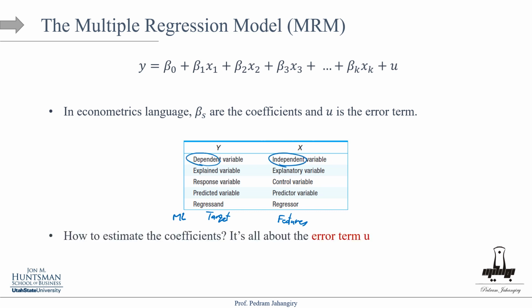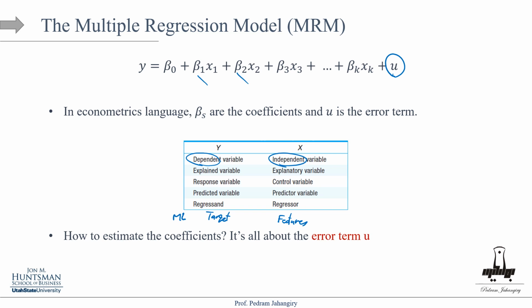All right. And as I said earlier, the goal is basically how to estimate these coefficients, right? How do we estimate beta 1 and call it beta hat 1? How do we estimate beta 2 and call it beta hat 2? It's all about that error term u. So as I said, this is going to play a crucial role in econometric analysis.